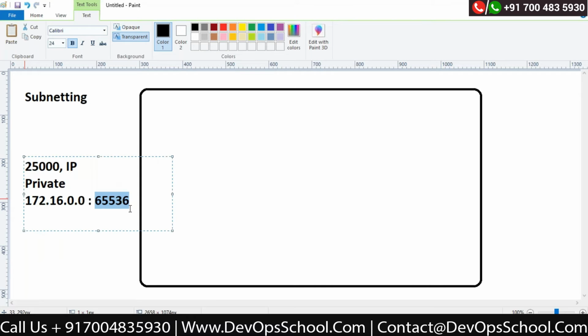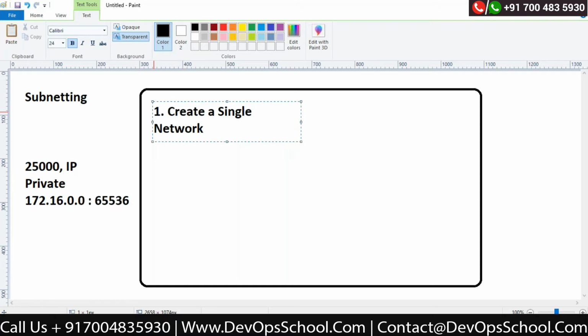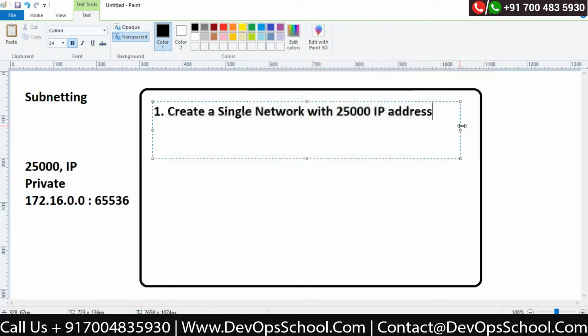So my first choice is to create a single network with 25,000 IP addresses. It is possible, yes, because I'm using class B.